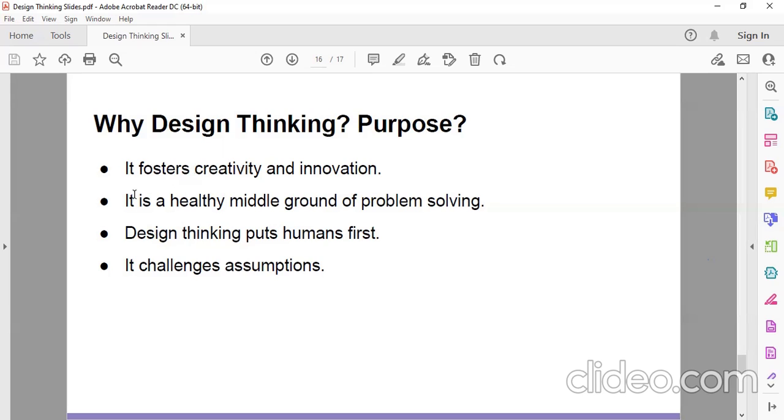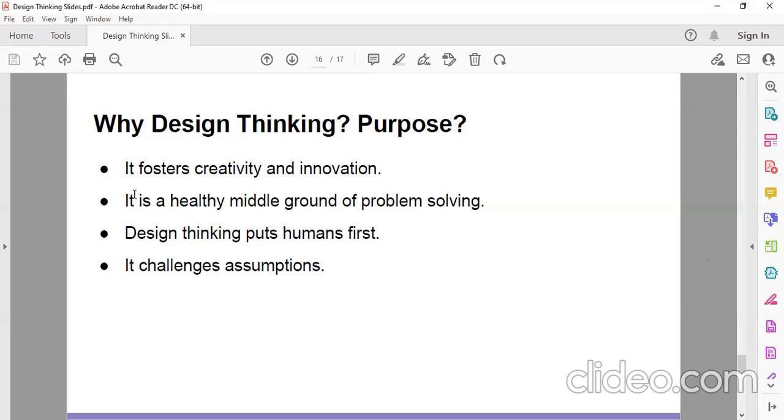The second point is it is a healthy middle ground of problem solving. Yes. Why do we say so? What do we mean by a middle ground of problem solving? It is not steeped wholly in intuition, right?